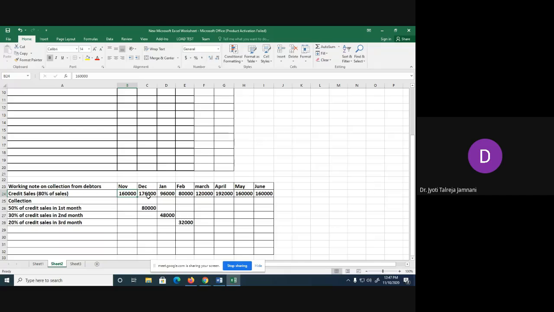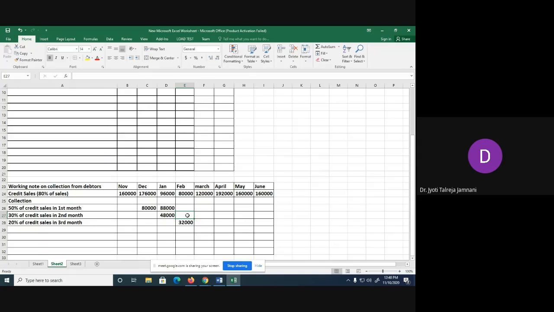Now let's start for December. 1,76,000 in December. Half, that is 50% in the first month. So the first month of December is Jan. Exactly after December comes Jan. So 50% of 1,76,000 is 88,000. Then the remaining 30% in the second month, so that is in February.